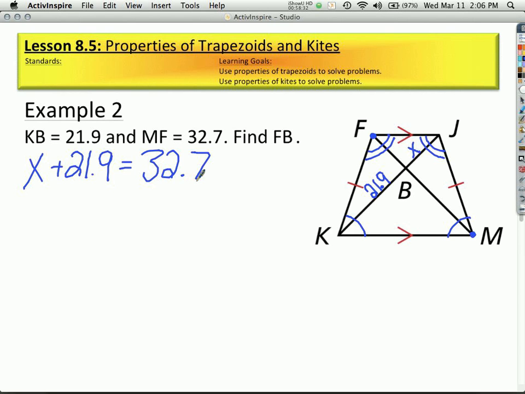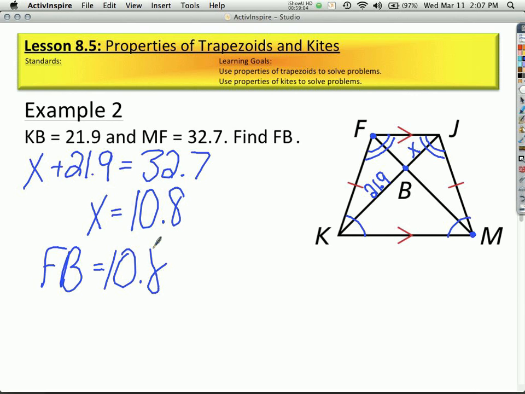And so what is that missing piece? What is the distance there, Dalton? 10.8. And so since they're congruent to each other, and this point is cutting them into two segments, the segments must be congruent to each other. And so this segment must be congruent to that segment. And so FB must be 10.8.